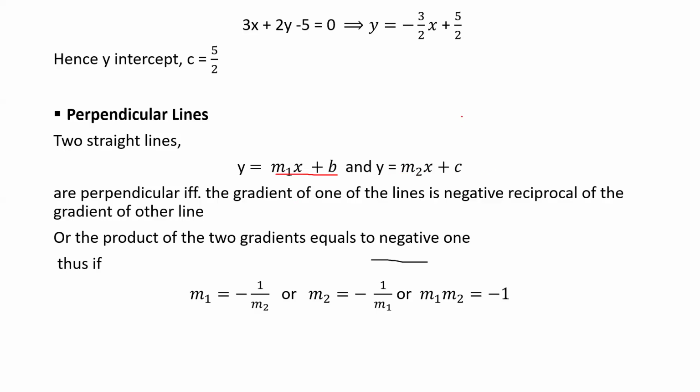Or when you multiply the two gradients, it should give you -1. When you multiply m1 by m2 and get -1, it means the two lines are perpendicular.